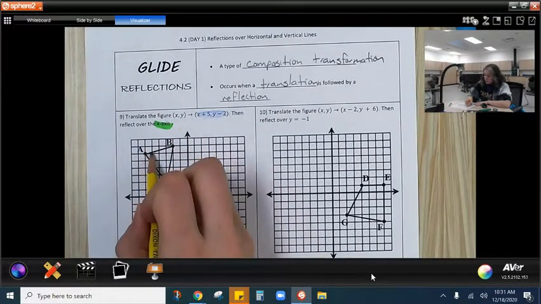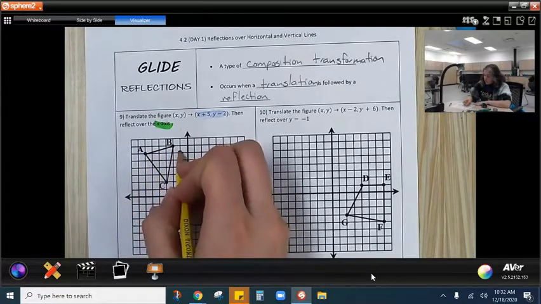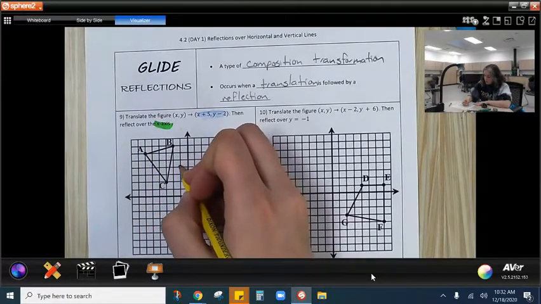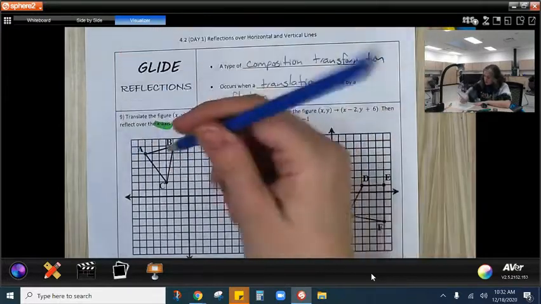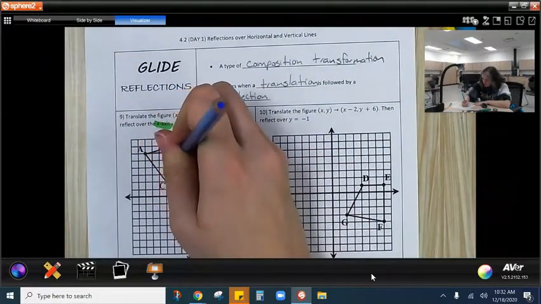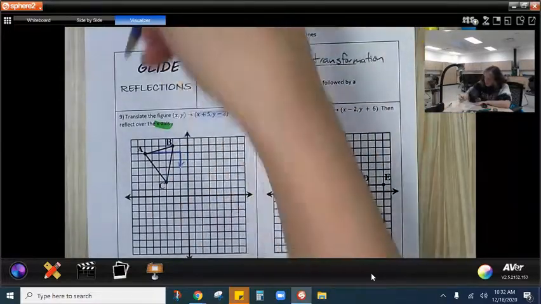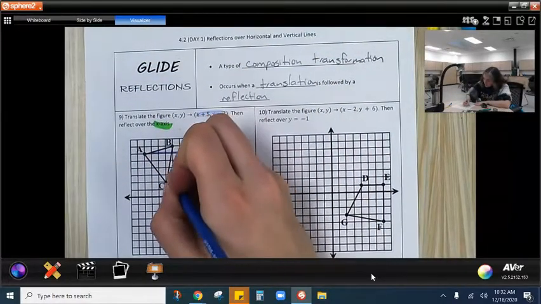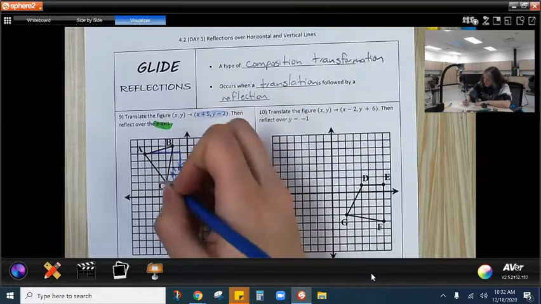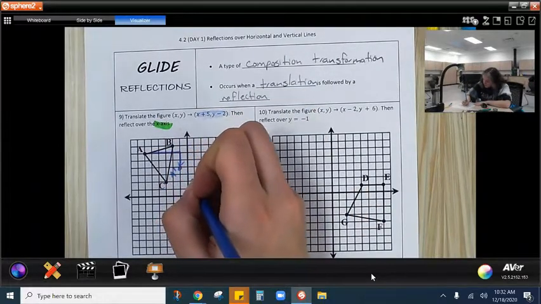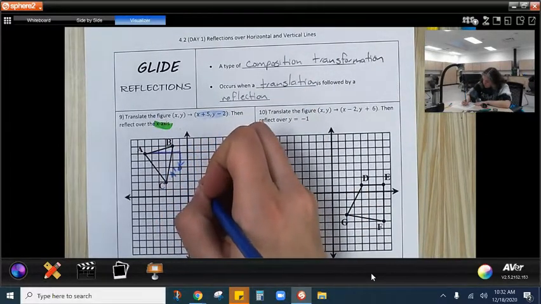So that means I'm going 1, 2, 3, 4, 5, and then 1, 2. That is my translation: 5 and then 2. So this is A prime: 1, 2, 3, 4, 5, and then 1, 2.